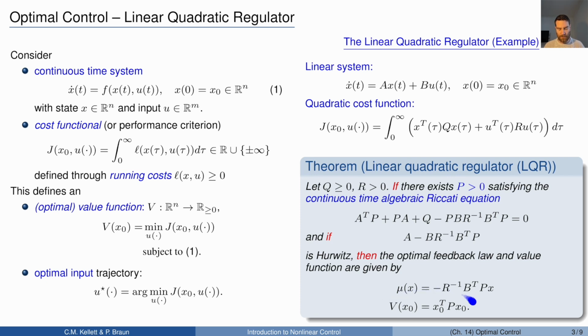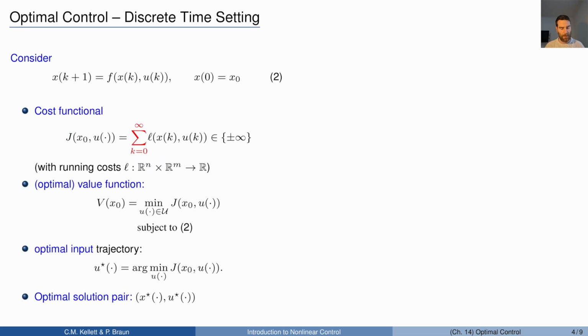And this is also then a Lyapunov function of the closed loop system, meaning this function V here can be interpreted as a Lyapunov function. This was the case for continuous time systems.